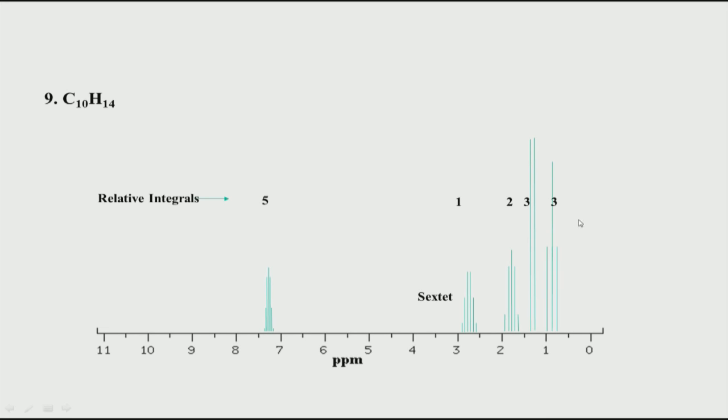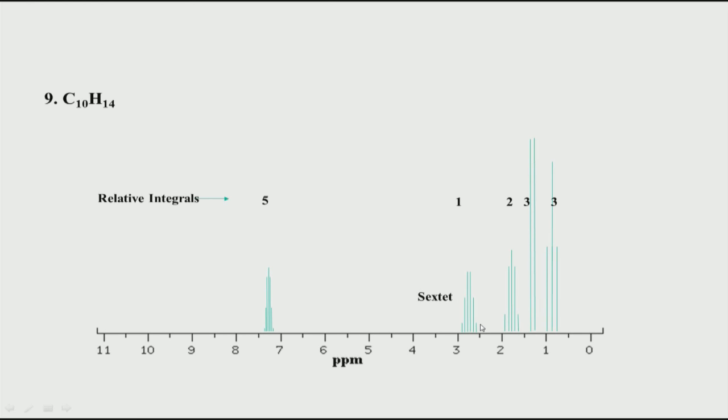And now coming back to here, this is again the standard interpretation we have been doing. What we have here is a triplet, a doublet, a quintet, and a sextet. Now a sextet means 5 protons coupled.